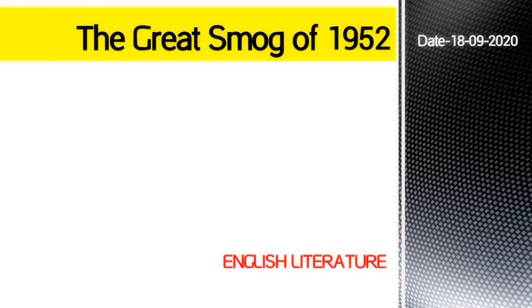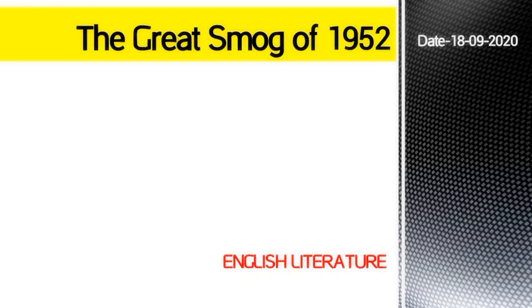Today we will discuss the Great Smog of 1952, chapter 3 from your English textbook, The Roots. In our previous class we discussed how the smog started. Smog means the mixture of fog and smoke.